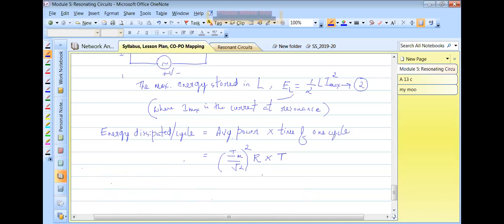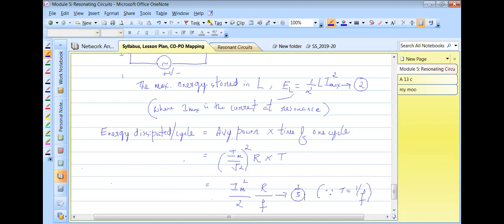If we have to write the same in terms of frequency, Im squared by root 2 squared would become Im squared by 2 into R divided by F. Why F? Because T is 1 by F. Now you have the equation for energy dissipated per cycle. This is your equation number 3.